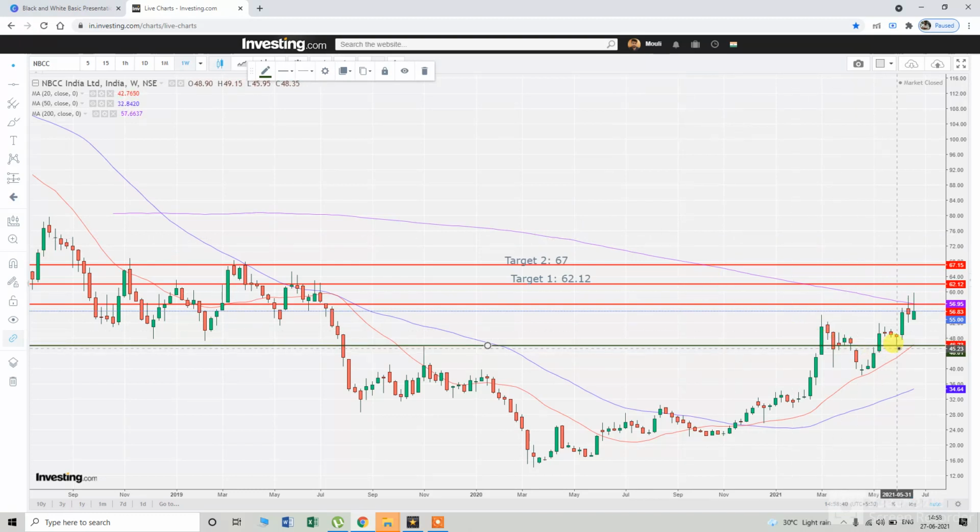So what will be the next support line? Any guess? This can be the next support line. I'll tell you why.